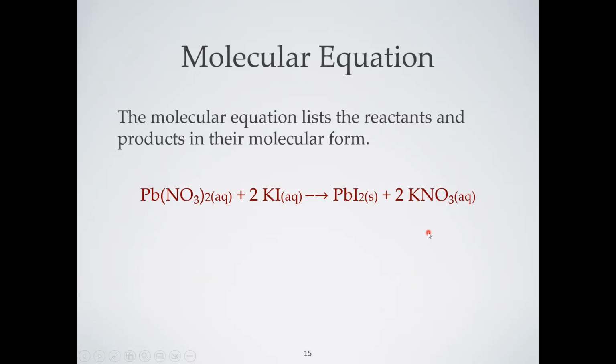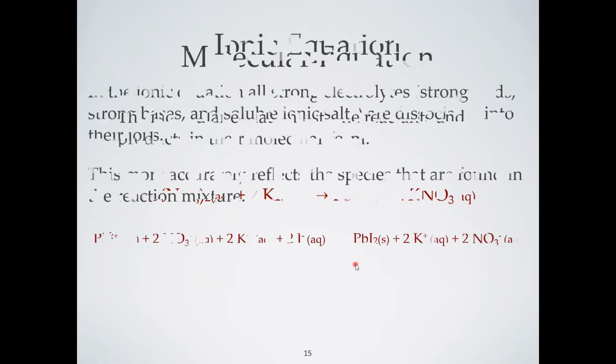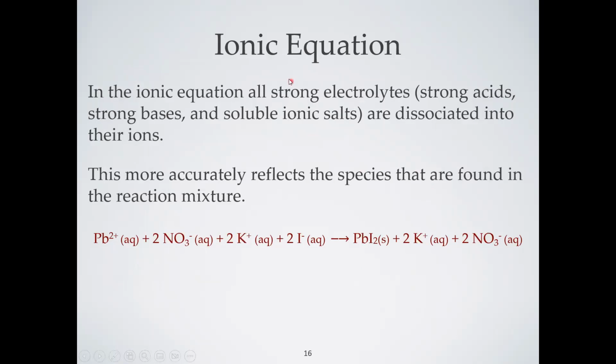But we can take these reactions, and then for the aqueous substances, those strong electrolytes, we can actually show them as the dissociated ions. And that's what we're looking at with the ionic equation. So like I said, it's the same equation. Now we're just showing those solutions as the dissociated ions.